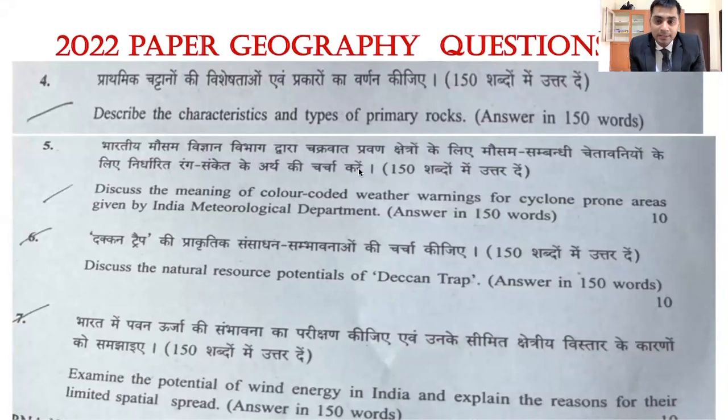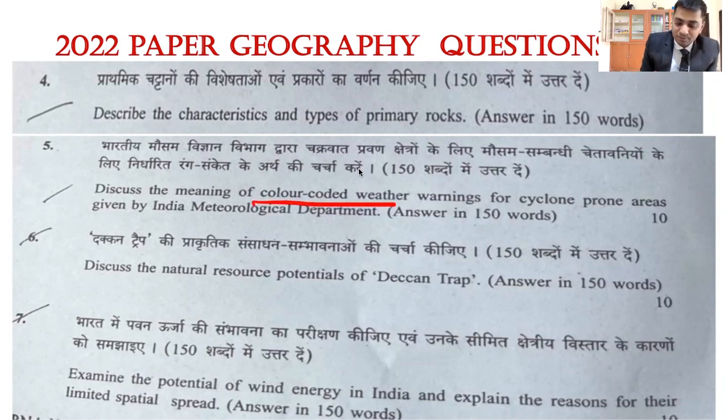Yes, I consider this as a bit easy. The reason is everyone might be knowing at least some form of rocks, sedimentary rocks, igneous rocks, metamorphic rocks, and then they might have written some characteristics about it. So again, a very simple question. Look at the 5th question. Discuss the meaning of color-coded weather warnings for cyclone-prone areas given by the Indian Meteorological Department.